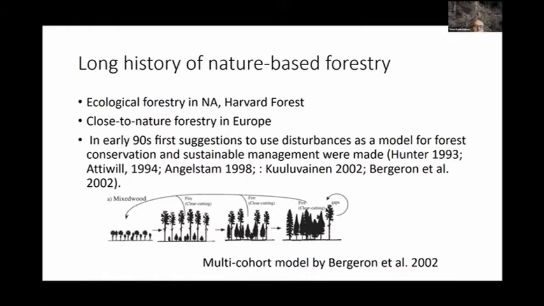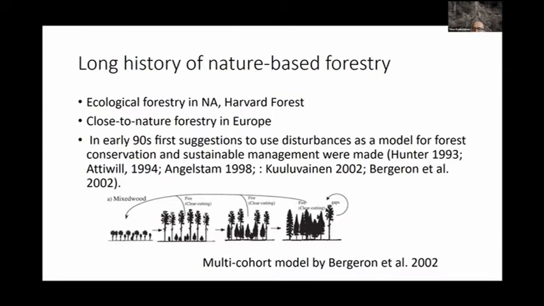But especially since the 1990s, after the Rio conference, there was increased interest in different kinds of approaches based on natural disturbance emulation.